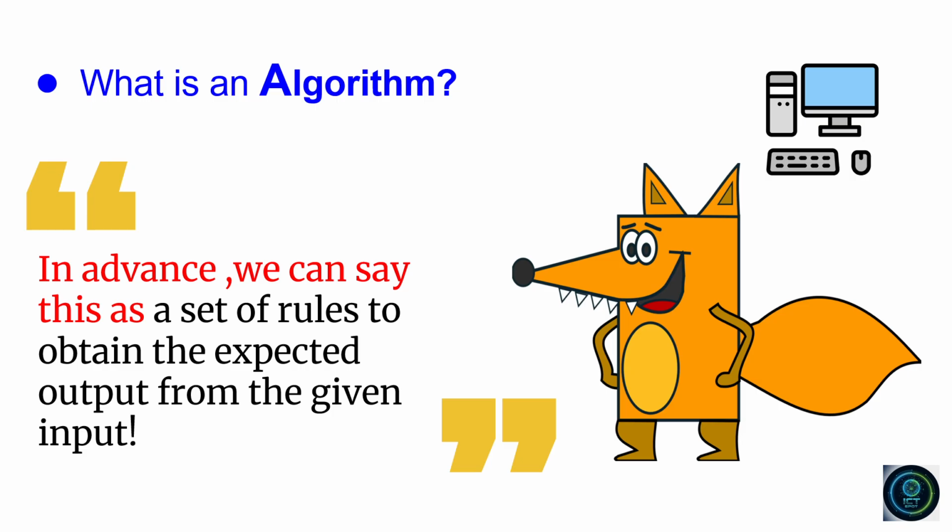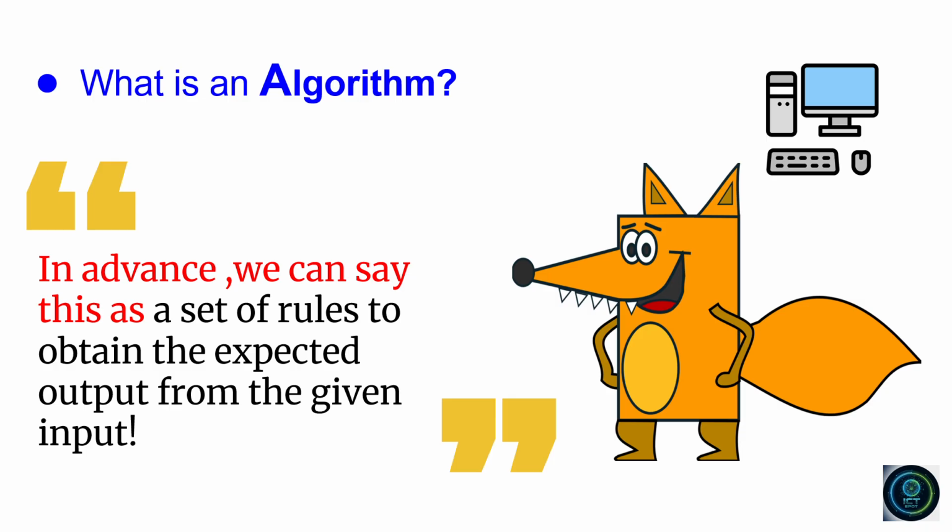Then in ICT, regarding our subject, now we are talking about the algorithm in a slightly more advanced way. We can consider an algorithm as a set of rules to obtain the expected output from the given input.